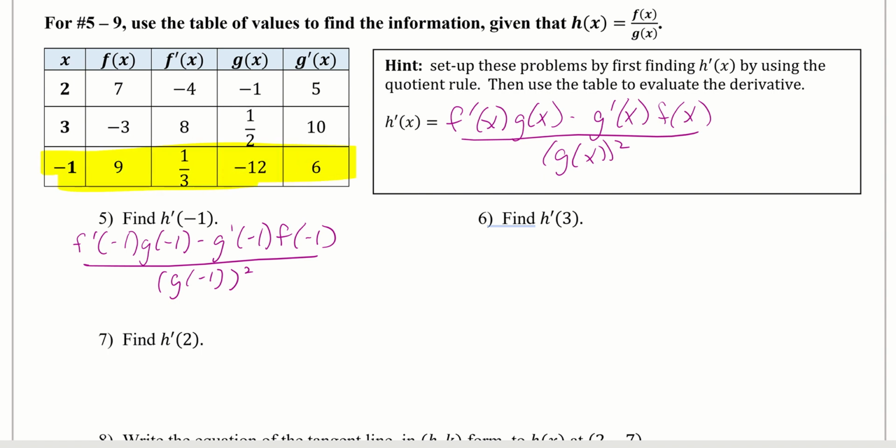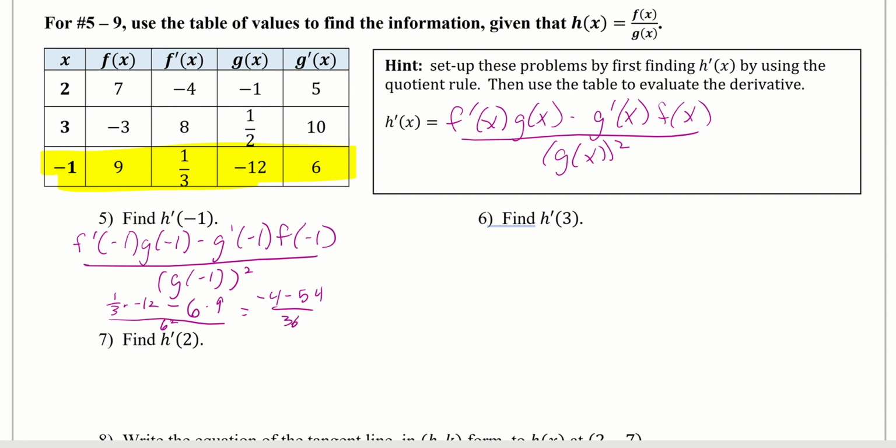So f prime is going to be 1/3 times g, so that's negative 12, minus g prime, which is 6, times f, which is 9, all over g squared. Whew, getting tight there. Okay, so that would be what, negative 4 minus 54 over 36.